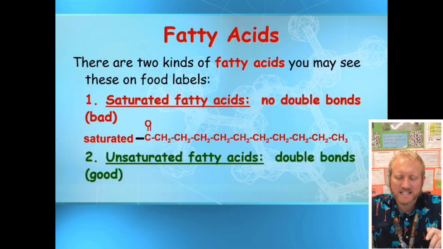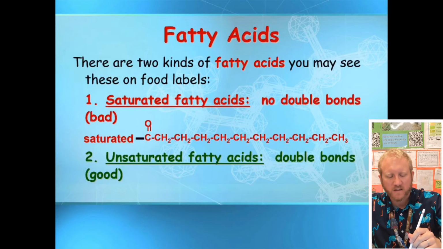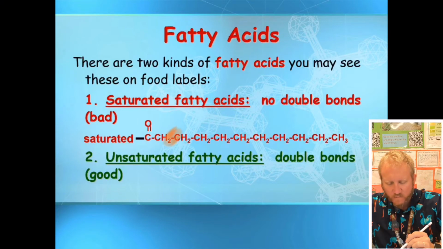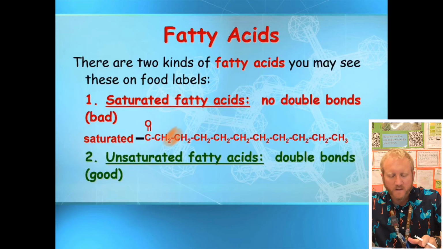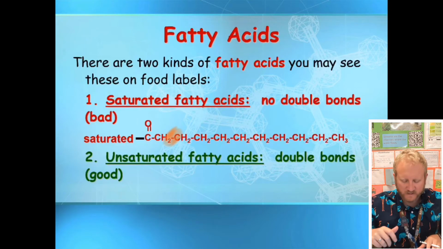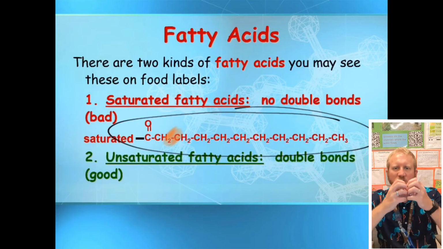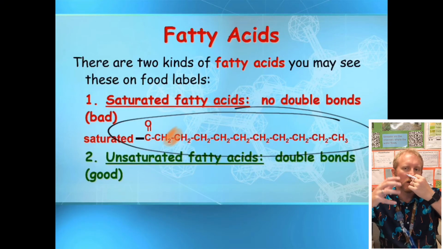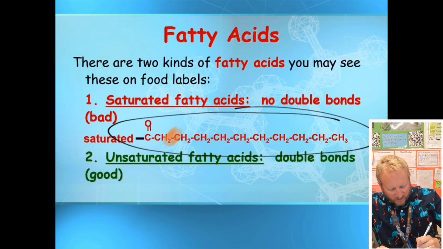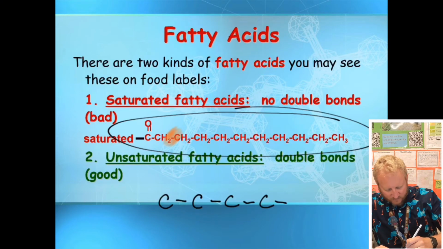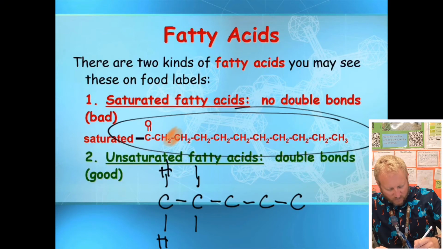Here's what a saturated fatty acid looks like, and when I talk about the double bonds, I'm talking about in between the carbons right here. If I can step back for a little bit, if I were to take this chain right here and expand it so I could see all of the atoms, it would look like this. So here's my chain of carbons, and then I've got hydrogens hanging off.